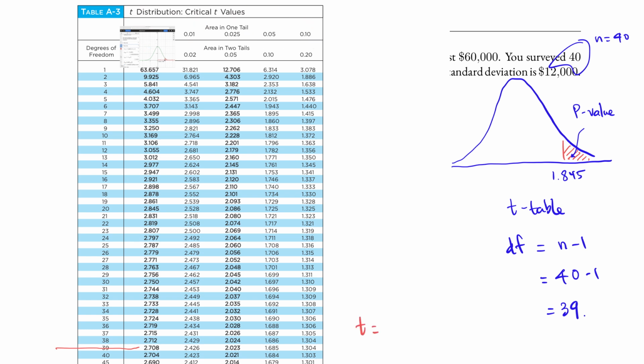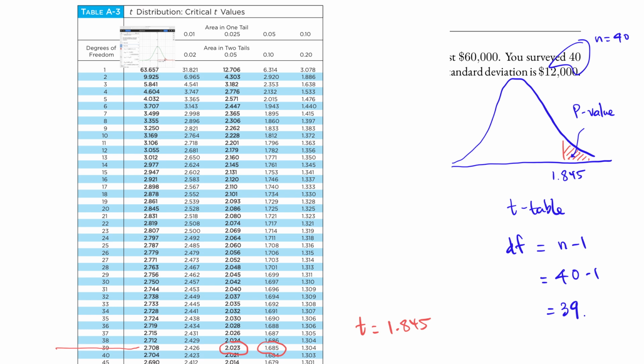There is no such t-value 1.845 on the line with the degree of freedom 39, but we found two t-values that are closest to 1.845. The t-values are the numbers inside the table. Those two t-values are 2.023 and 1.685.